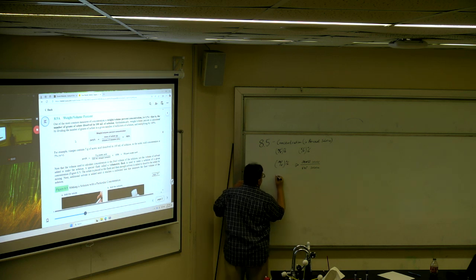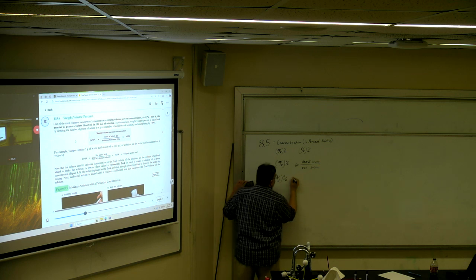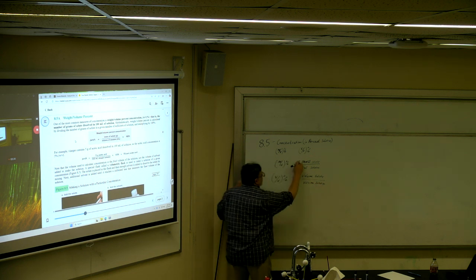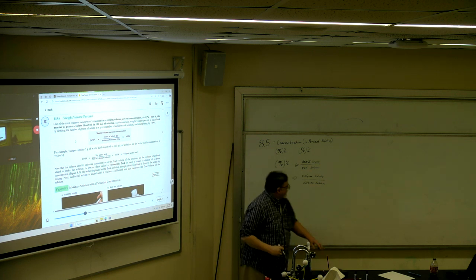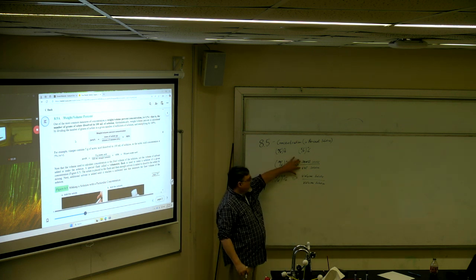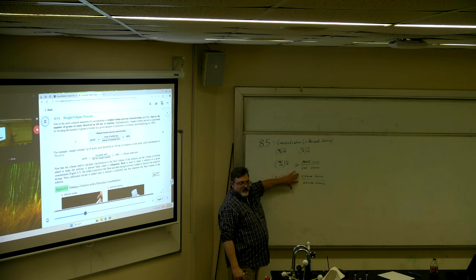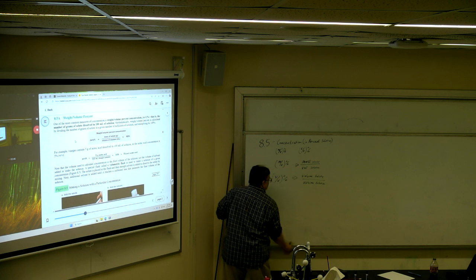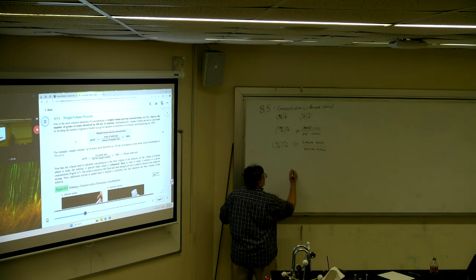And the volume over volume means, so you can dissolve a solid in a liquid, which is what this is referring to. And you can also dissolve a liquid in a liquid, which is what this is referring to. But notice the volume of the solution. This is just a weird twist.